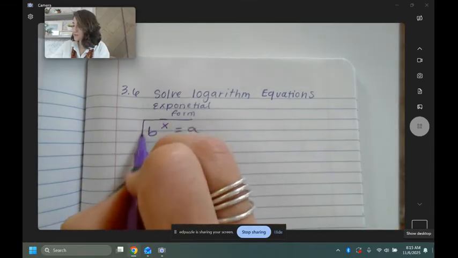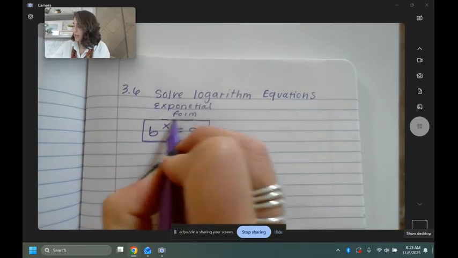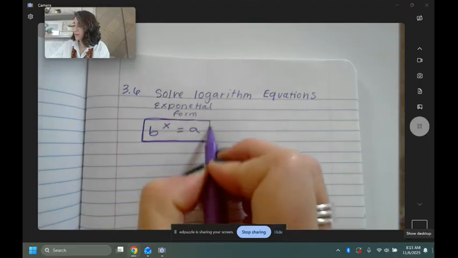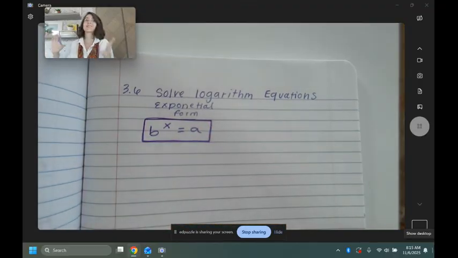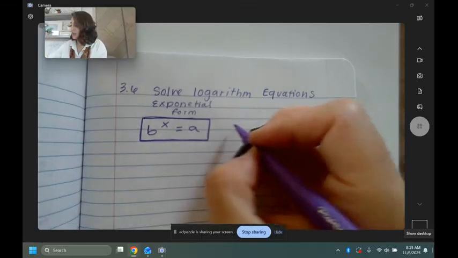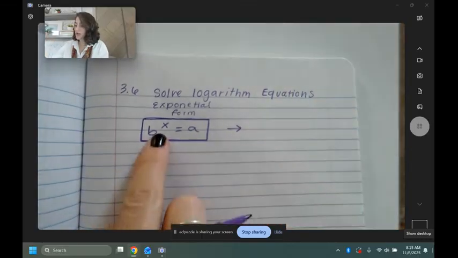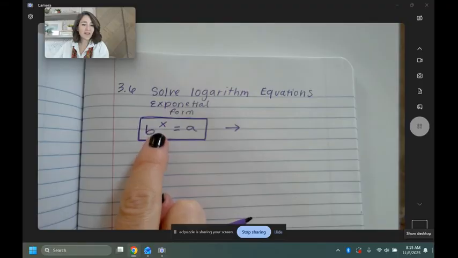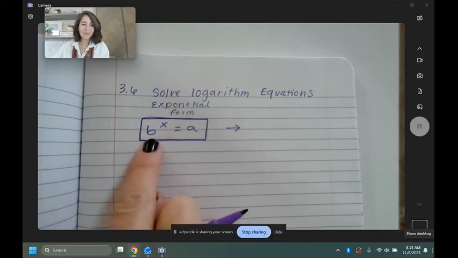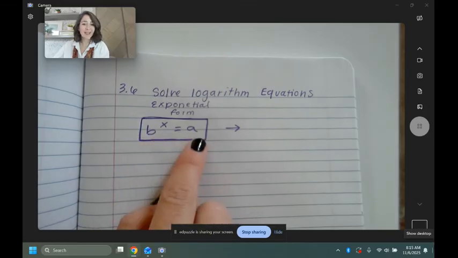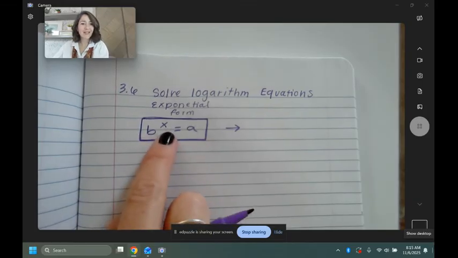This is my exponential form. And the reason that logarithms were such a useful tool when it was discovered is we had really no way to find that exponent except for guess and check. 2 raised to the what is 8? You just had to guess and know it.